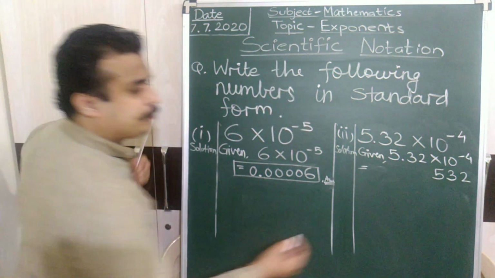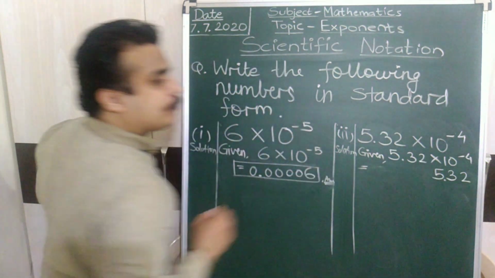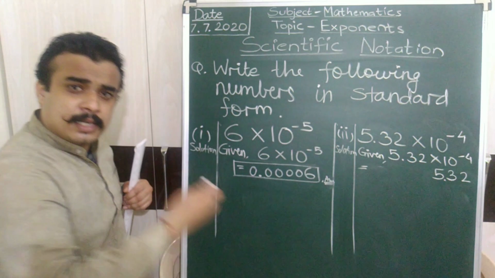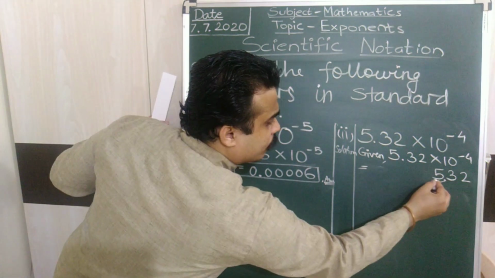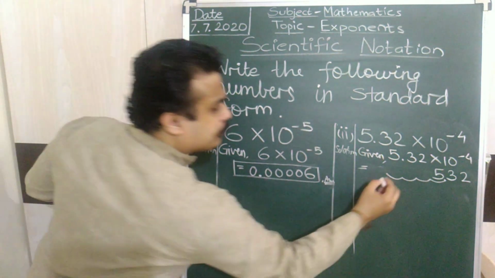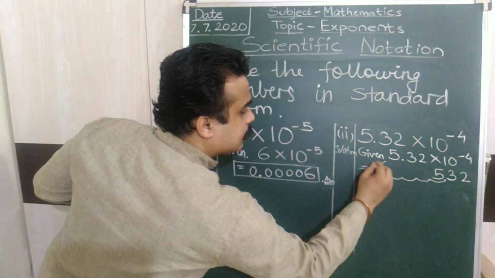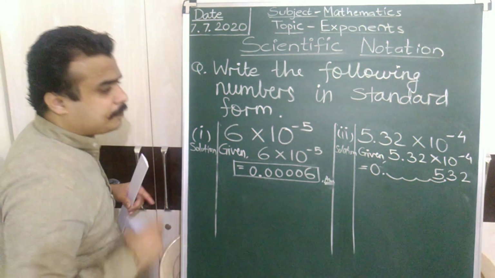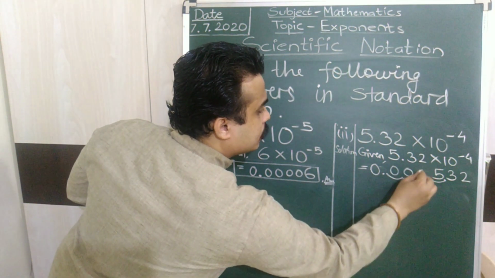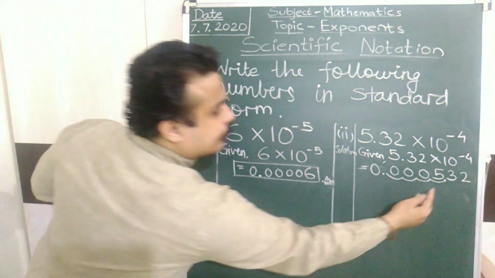Okay, so here we have the point where? Here. And we have to take 4 steps towards left side. That means 1, 2, 3, 4. Decimal point will come here. 0. Okay? So at every place we will put 0. 1, 2, 3, and this is the 4th place.